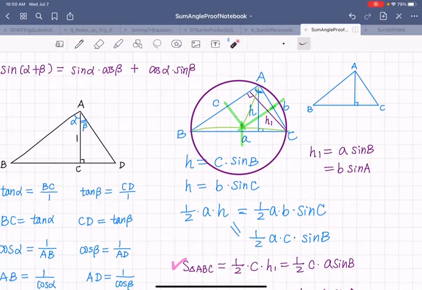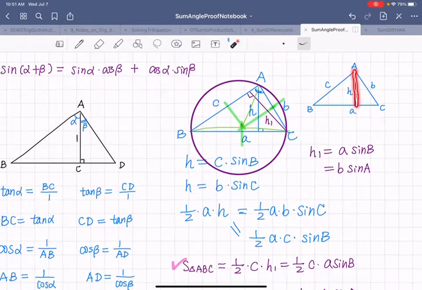Okay, let's see this triangle. The H is here, this is the altitude H. I use lowercase letters to represent the opposite sides. So here, this area is 1/2 times A times H. Julia, look at this.